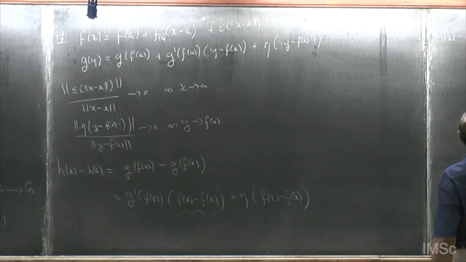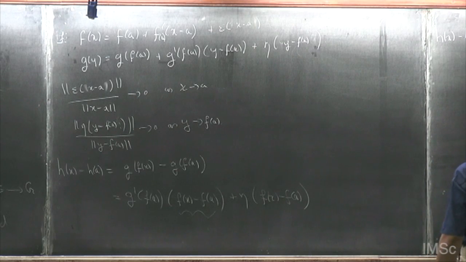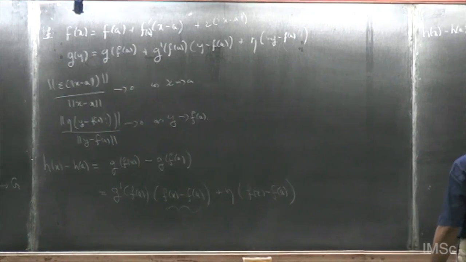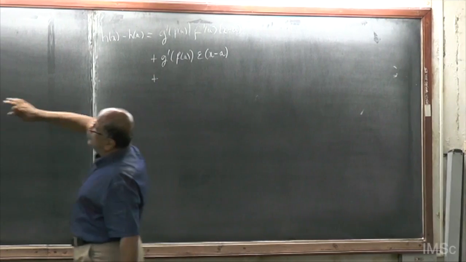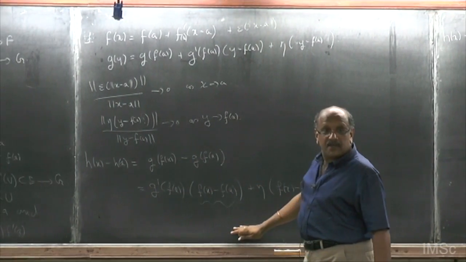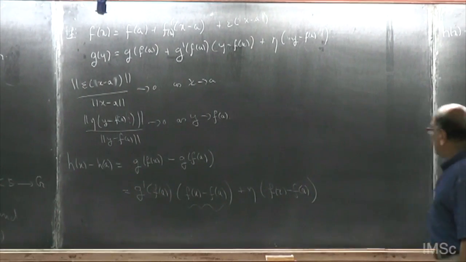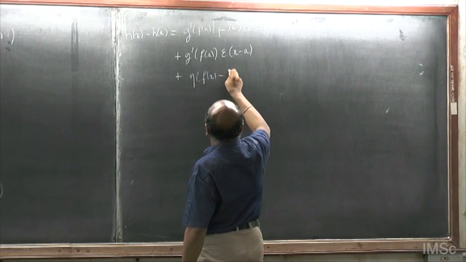So, that is f dash a x minus a plus g dash f of a acting on epsilon of x minus a. So, I have substituted all this for f of x minus f of a here, and then I still have this plus eta of f of x.